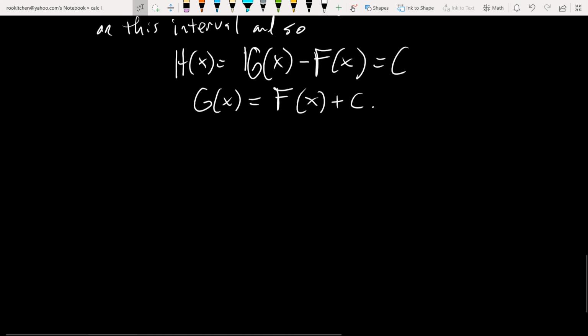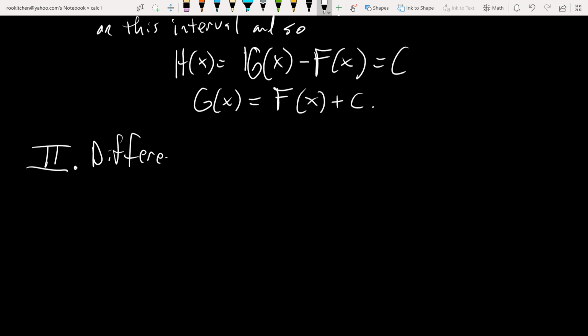Okay, so section 2 then, we want to investigate these things called differential equations. There's a whole class dedicated to this subject. And it has been said that differential equations are the language of the universe.